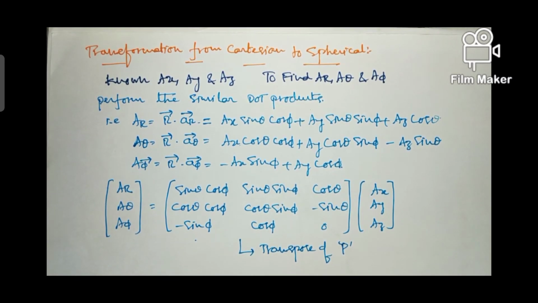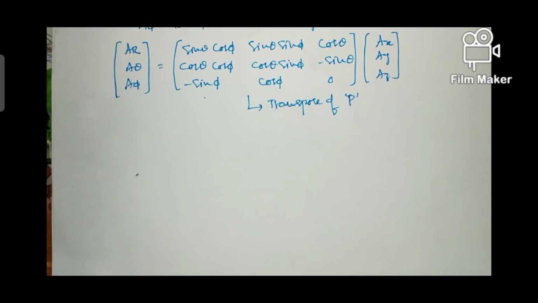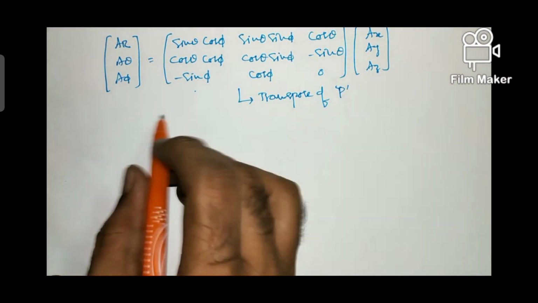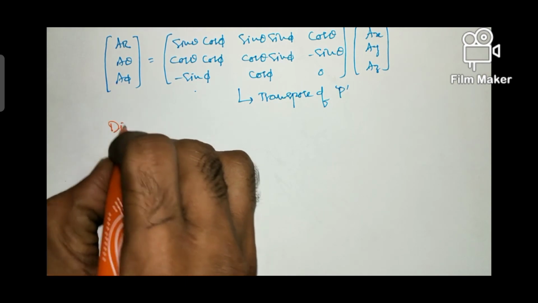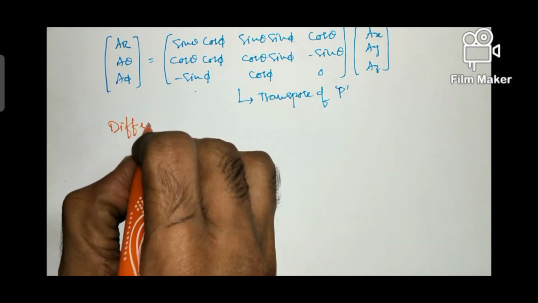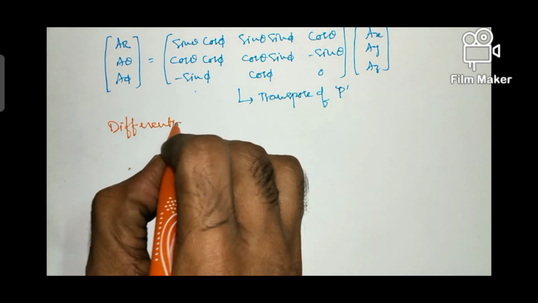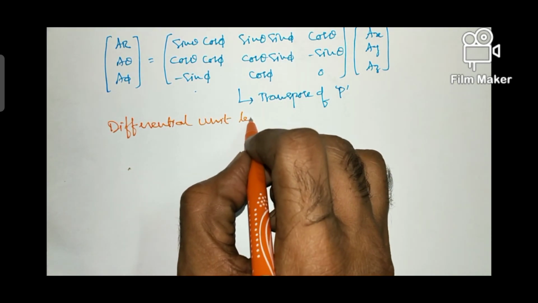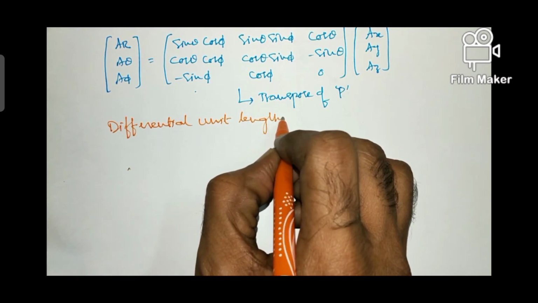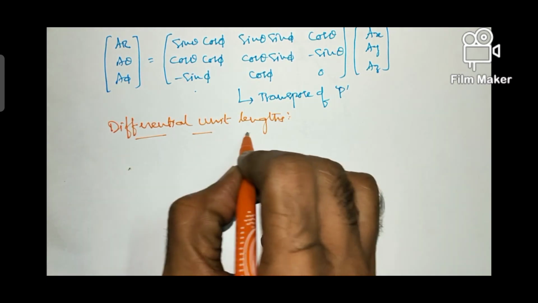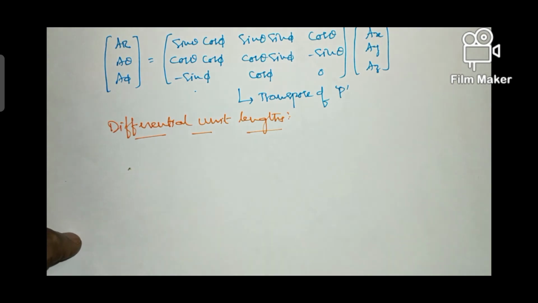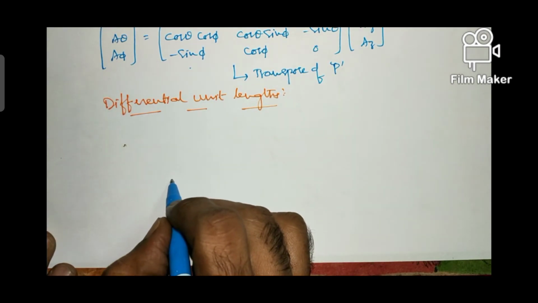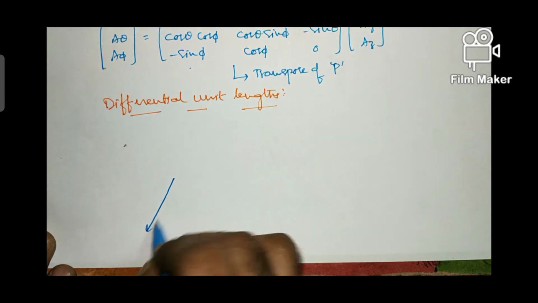Next, we shall go with the differential unit lengths regarding the spherical coordinate system. Here we consider small lengths along the three axes.